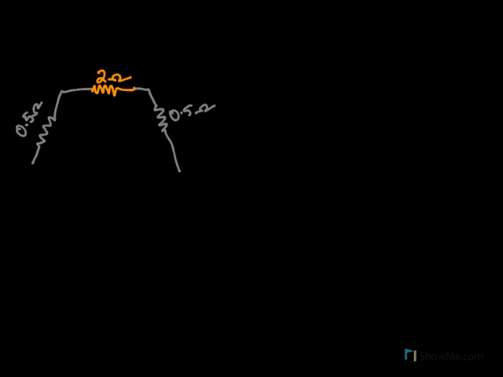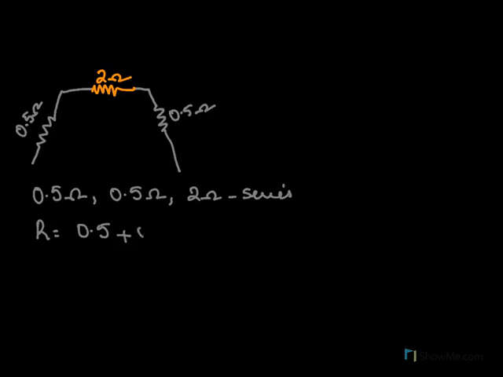And we look up here, we see that the 0.5 ohms, the 0.5 ohms and the 2 ohms are connected in series. So the total resistance R will be 0.5 plus 0.5 plus 2. So the resistance is 3 ohms.